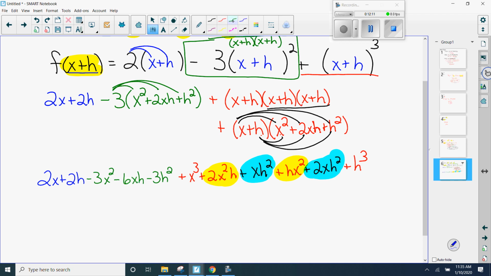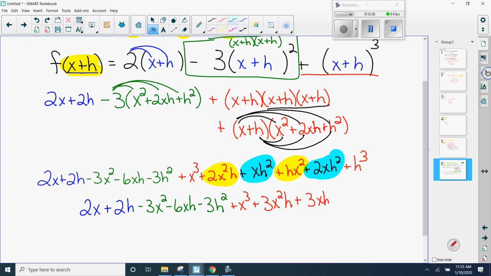So what we end up with now is 2x plus 2h. Then we have this minus 3x squared minus 6xh minus 3h squared. And what's in red simplifies into x cubed plus 3x squared h plus 3xh squared plus h cubed.